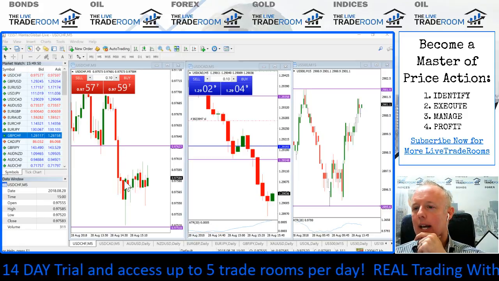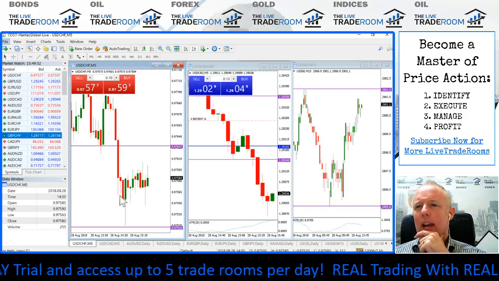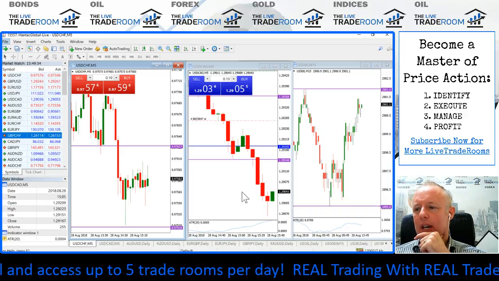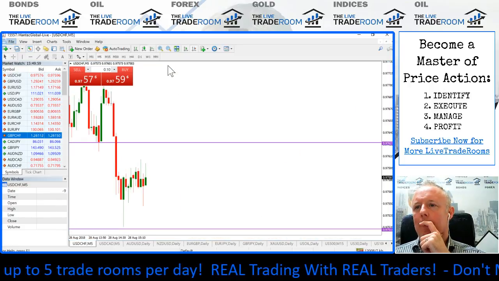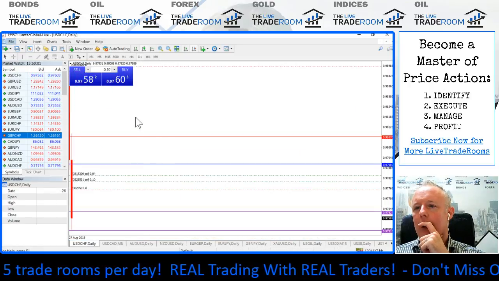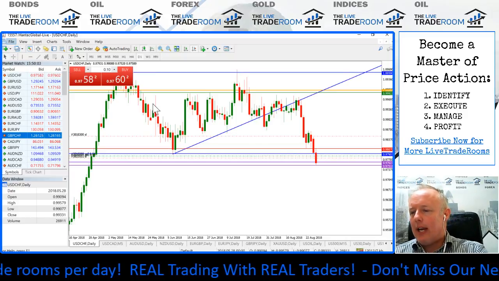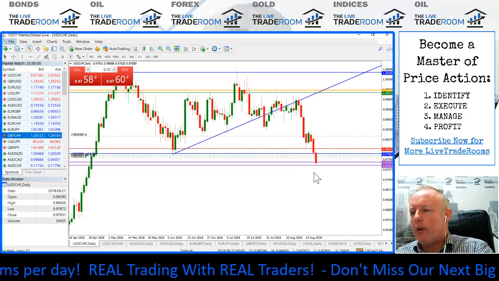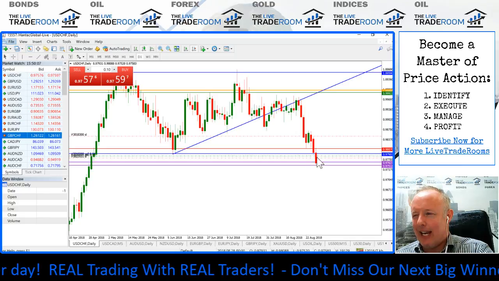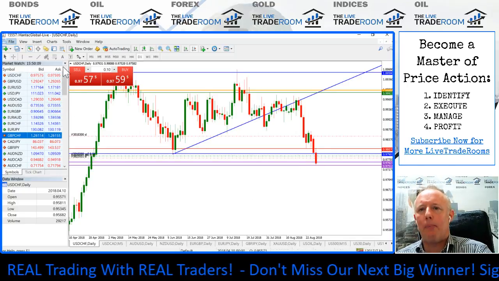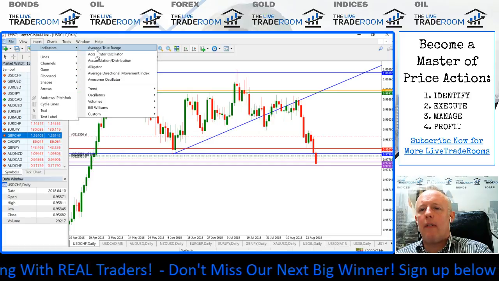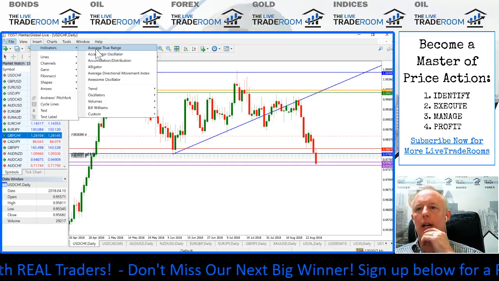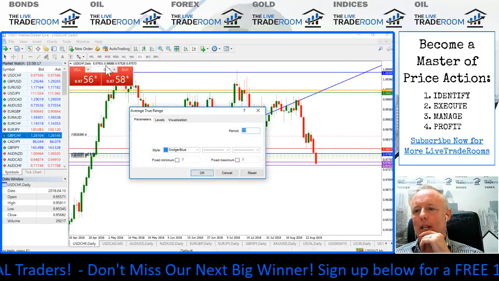Okay, so really we're just seeing the dollar Swiss move sideways. That's all we're really seeing. So let's conduct some daily time frame analysis to see what sort of move we are likely to see in this market. We have a couple of aspects to consider, and the first one is the average true range.